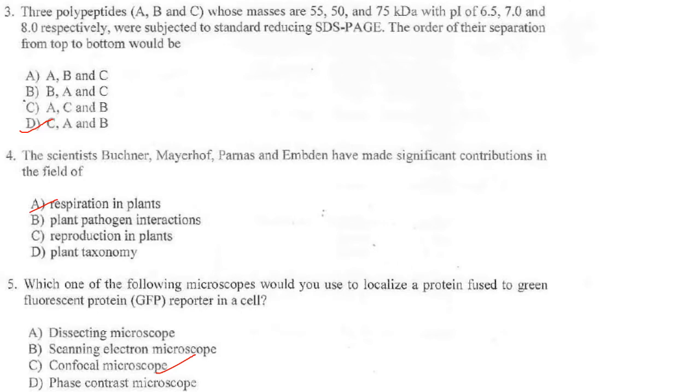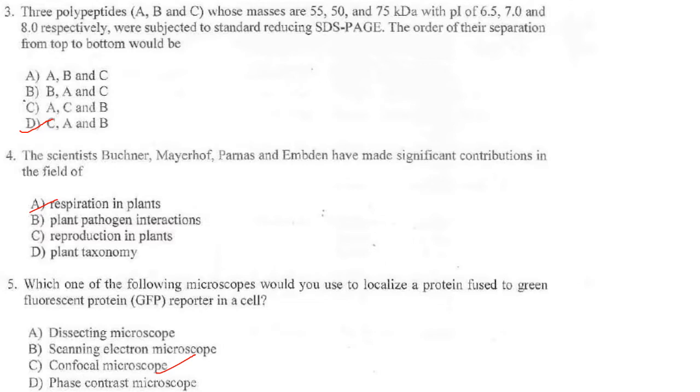Then, three polypeptides whose masses are 55, 50 and 75 kDa with pI of 6.5, 7 and 8 respectively were subjected to standard reducing SDS-PAGE. The order of their separation from top to bottom would be? So here SDS-PAGE separates the protein primarily on the basis of mass and not on the basis of pI.